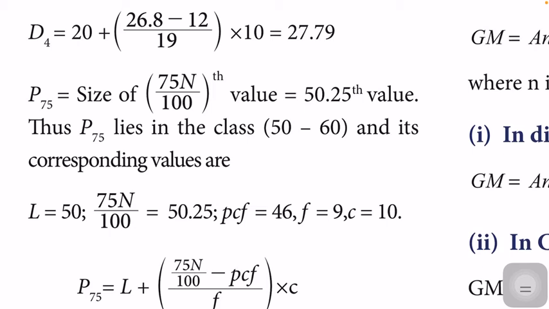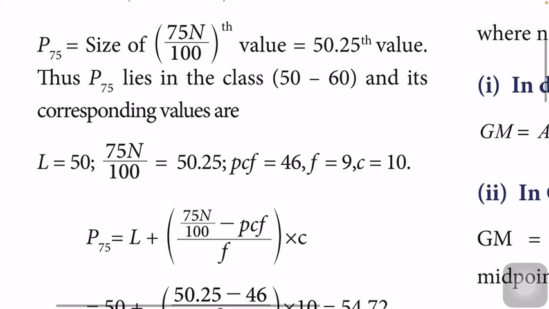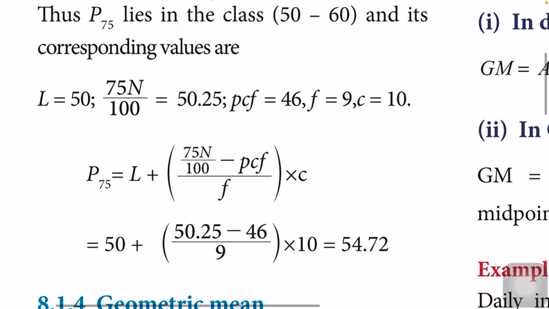Now percentile. For P75 we have to find the 75n by 100 value. So 50.25, and the class interval for 50.25 is 50 to 60. So L is 50, and we also need the frequency and the previous cumulative frequency. Then we substitute the values and we get P75.